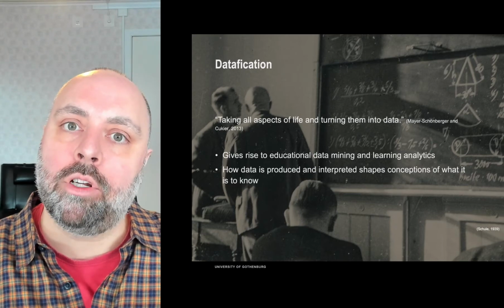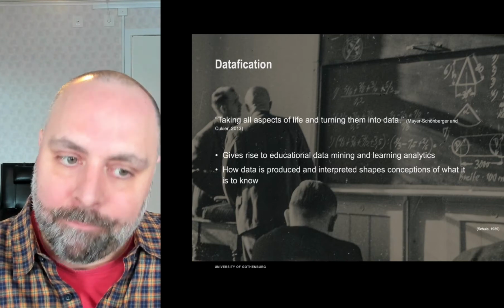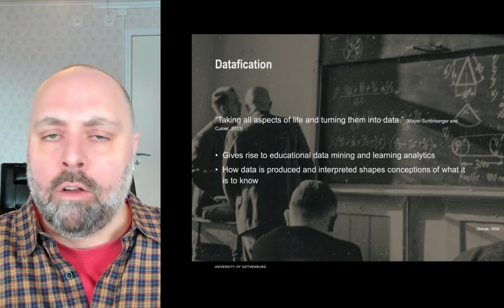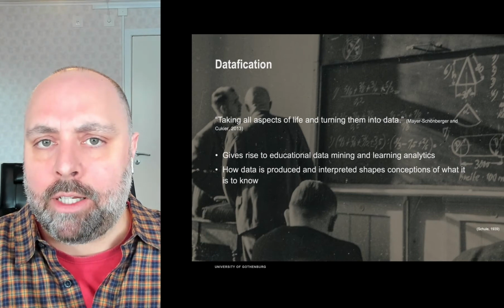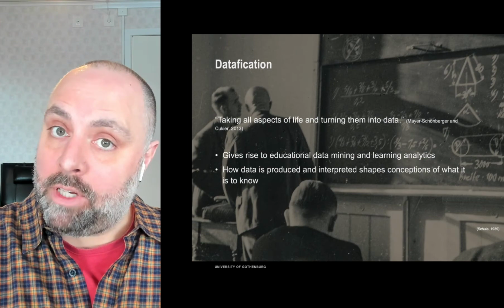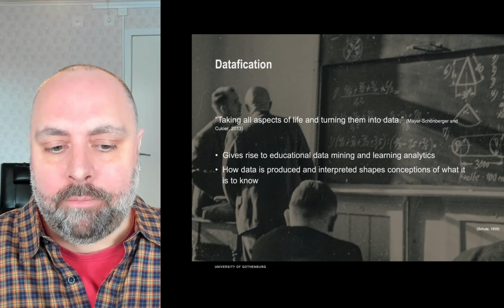It was no longer enough to know what the answer was. You also had to show how you got there. So in the same way, the kind of data we can extract through mining from different learning processes changes what we actually consider knowing of something to be, because we're able to gain different insights into the learning process.